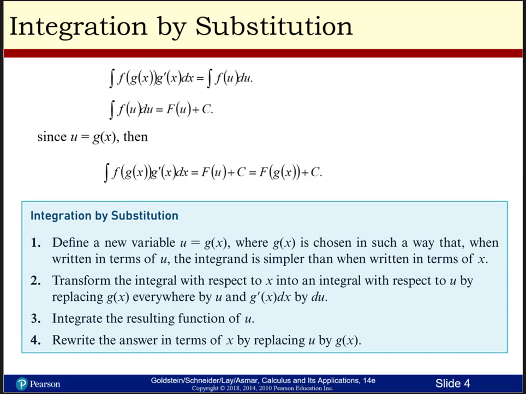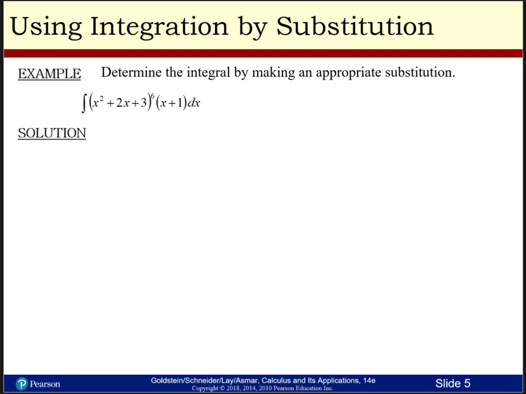We transform the integral with respect to x into an integral with respect to u by replacing g of x everywhere by u, and we've got to make sure that we have that g prime of x dx, replacing that with a du. We'll integrate the function with respect to u, and then we'll rewrite the answer in terms of x by replacing u with that g of x.